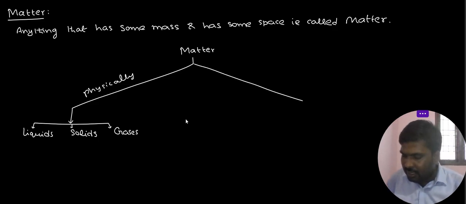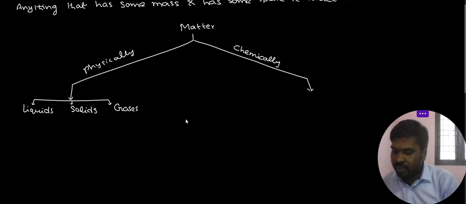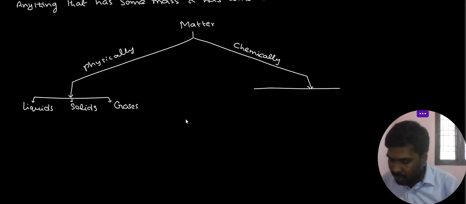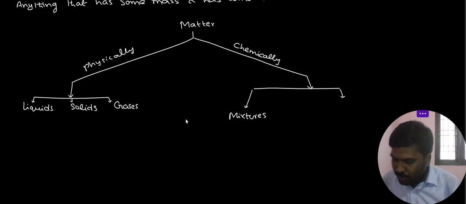And matter is classified chemically into two types: mixtures and pure substances.